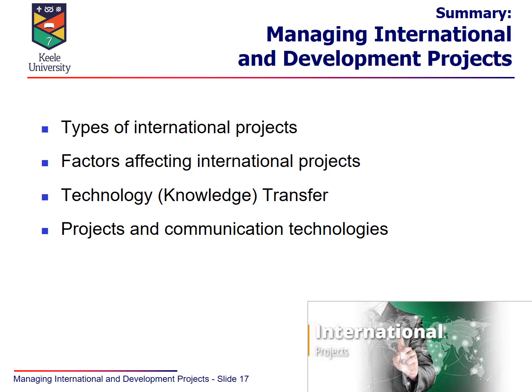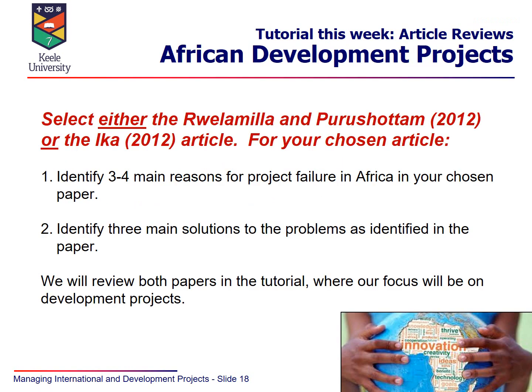Now, the tutorial for this week, what I want you to work on, is to select either the Ruel Mila article or the ICA article. So read one or the other, because both of those papers are focused on projects in Africa, and they're quite enlightening papers.